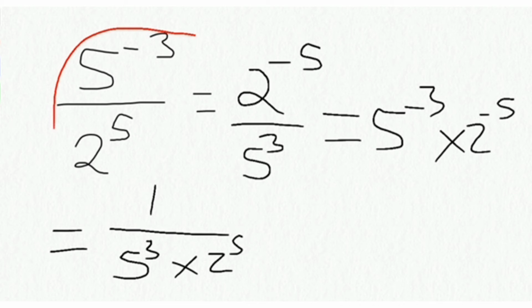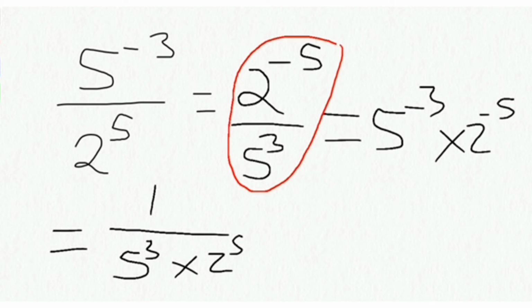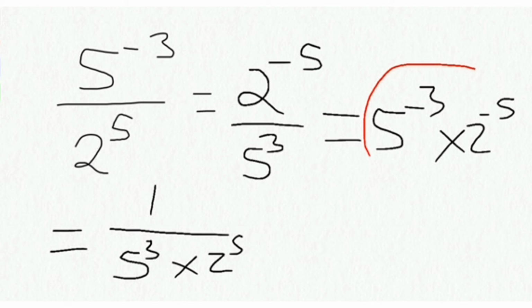And here we wrote 5 to power negative 3 times 2 to power negative 5 because this 2 to power negative 5, which was 2 to power positive 5, crossed this division line. And here our denominator is just 1. Everything has been moved to the top.